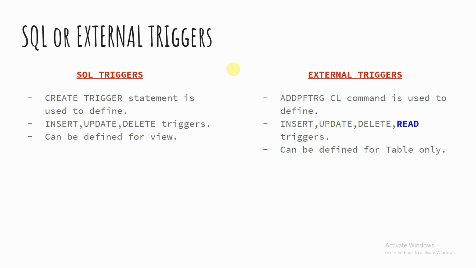There are two types of triggers: SQL triggers and external triggers. SQL triggers are created using the SQL command, the create trigger statement, where we specify before or after, the name of the program which is going to be called, and the event: insert, update, or delete.